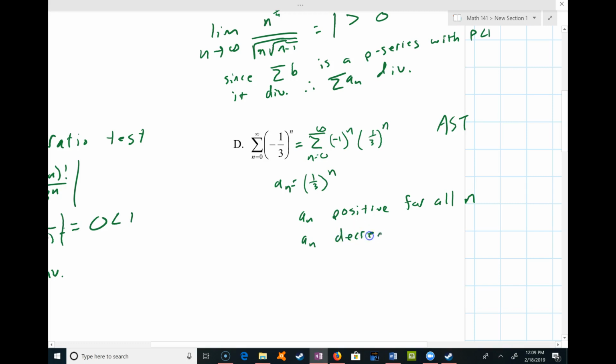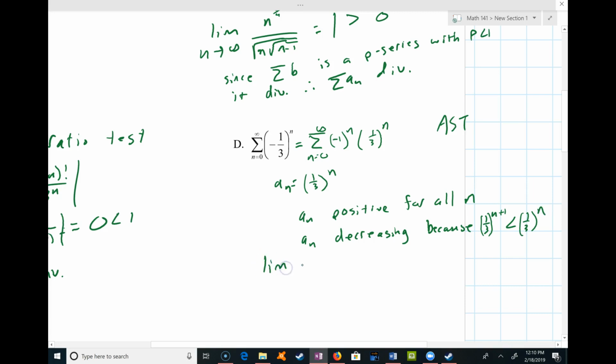A sub n is decreasing because 1/3 to the n plus 1 is less than 1/3 to the n.